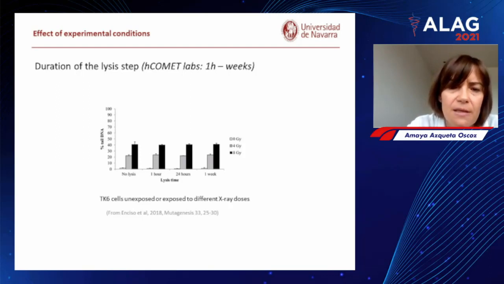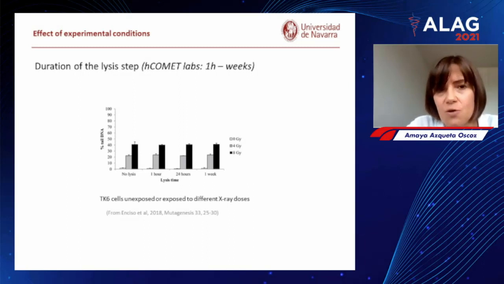This is due to the fact that the alkaline treatment, which is the next step in the COMET assay, can lyse the cells. So in a way, the lysis step is not needed when the standard COMET assay is performed. Of course, it is needed when the enzyme-modified COMET assay is performed because the enzyme needs to access the nucleoids.